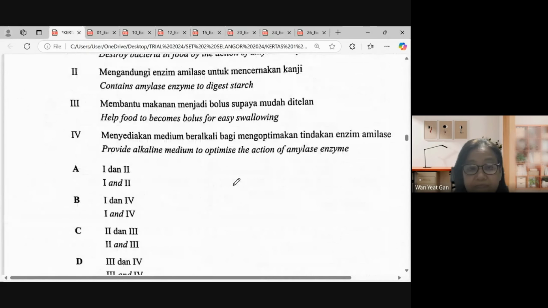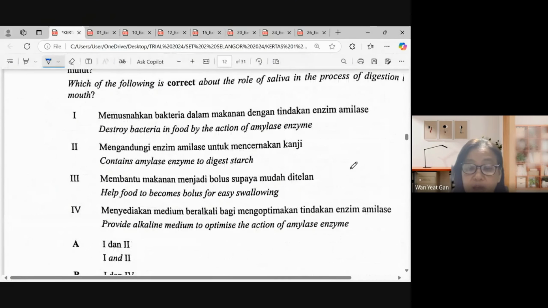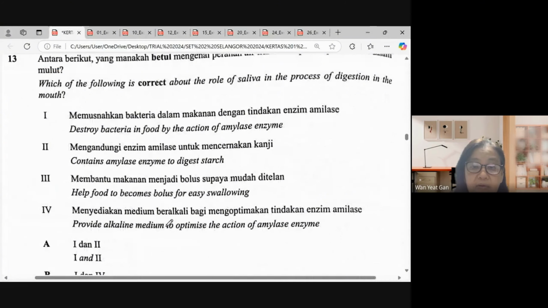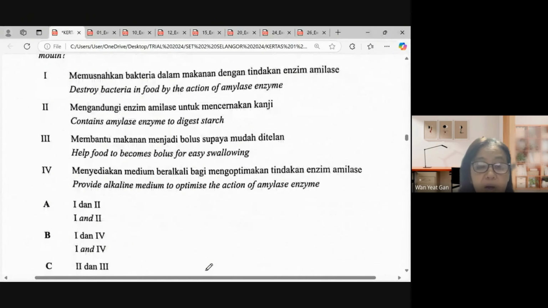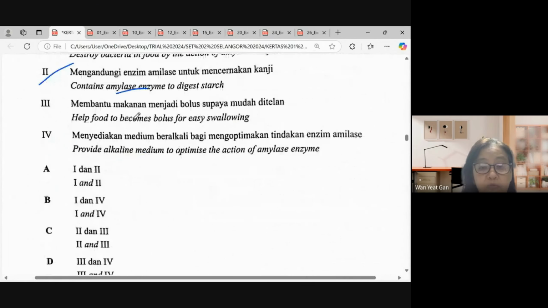13. Which of the following is correct about the role of saliva in the process of digestion in the mouth? Now, in the saliva there is salivary amylase, which contains the amylase enzyme, and the food will become bolus to help for easy swallowing.